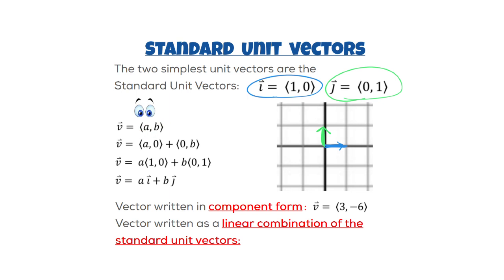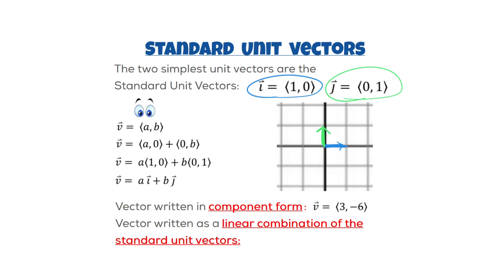The horizontal component goes in front of your I vector. The vertical component goes in front of your J vector. It's a plus sign. There's not a comma. There's not brackets. It's a plus, unless B was negative, then it would be a minus. Okay, so this vector is written in component form.